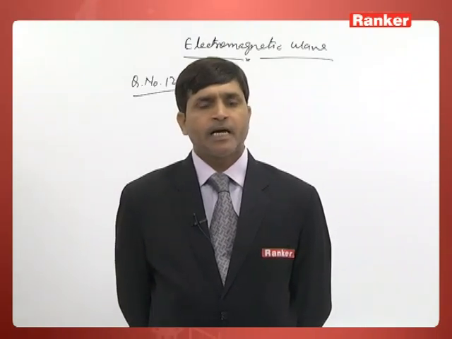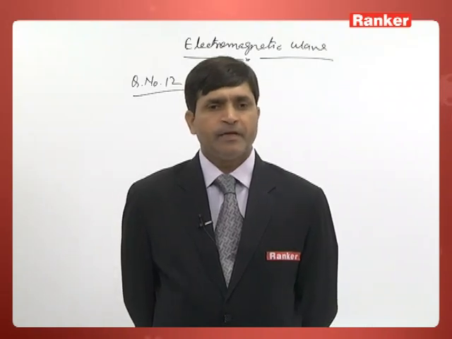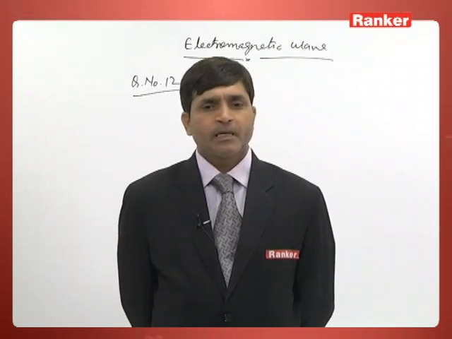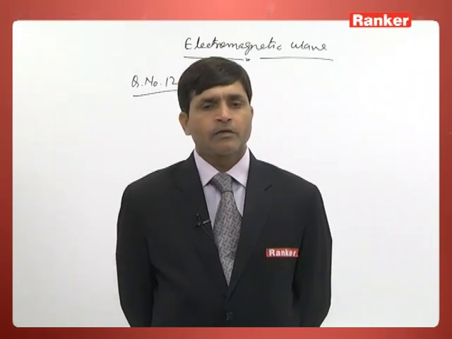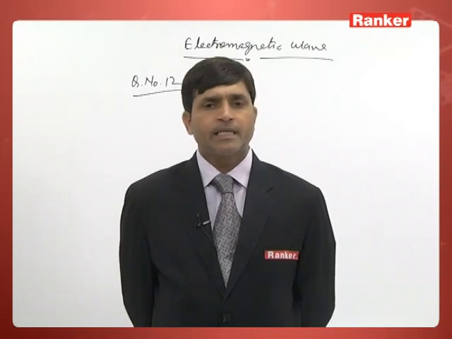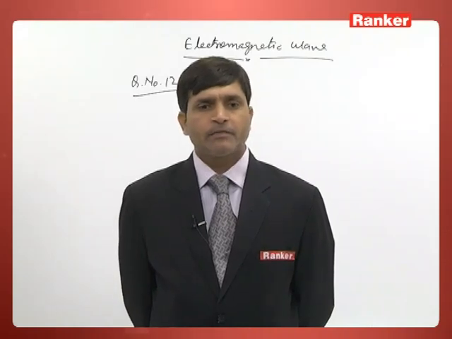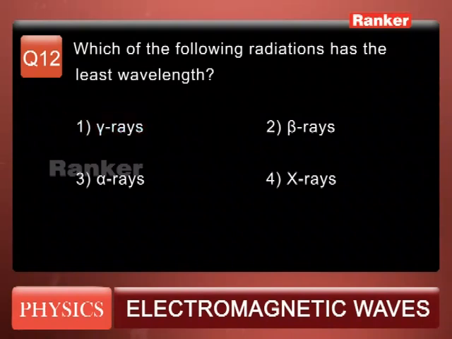The radiations having minimum energy have the maximum wavelength, and the radiations having maximum energy will have minimum wavelength. Out of all the radiations, gamma rays are the most energetic, so their wavelength will be minimum. So the correct option is option number 1.